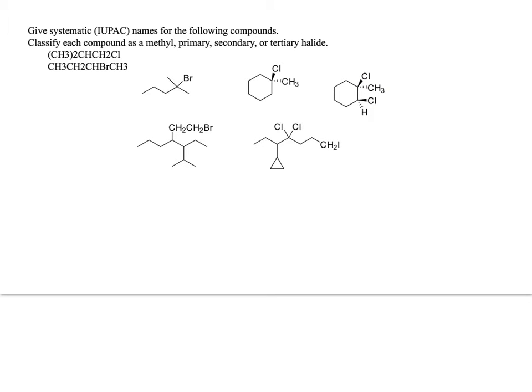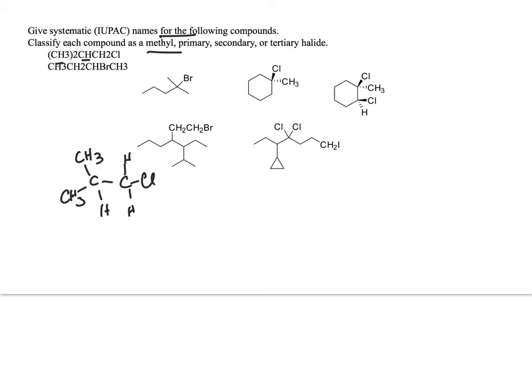Okay, on this problem, we are going to give the IUPAC name for the following compounds, and then once again, we're going to classify them as methyl, primary, secondary, tertiary. The first one here, we have carbon connected to CH3, there's our carbon, and then this CH2Cl.